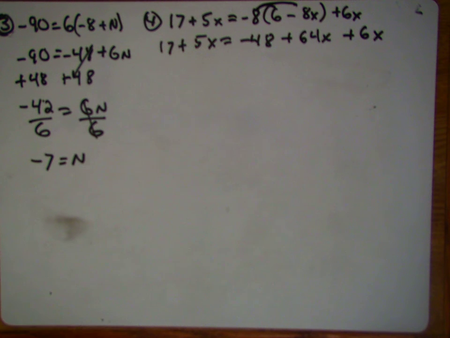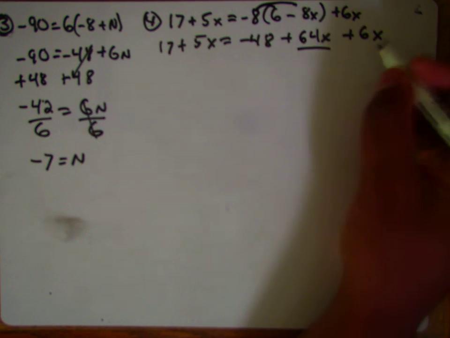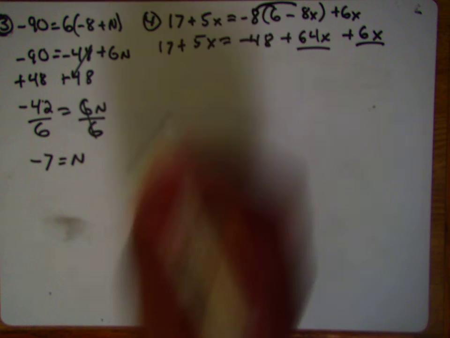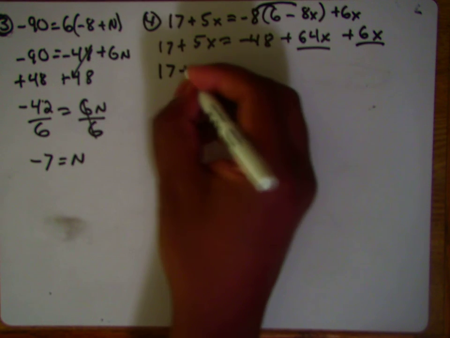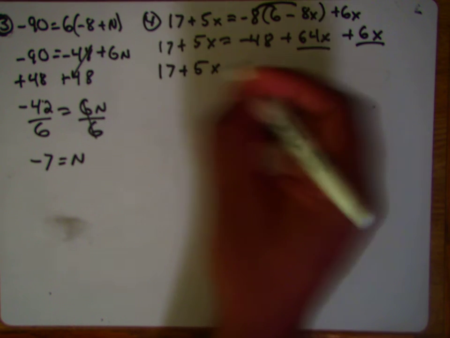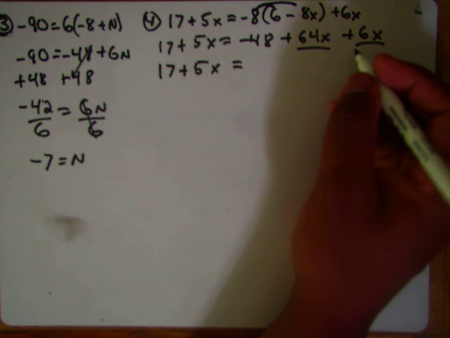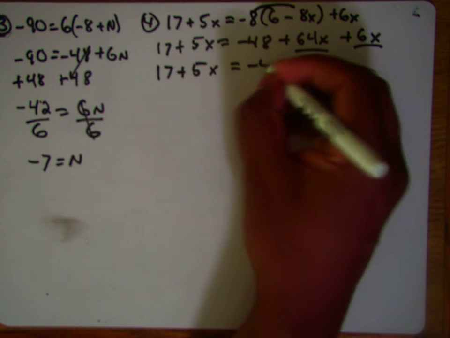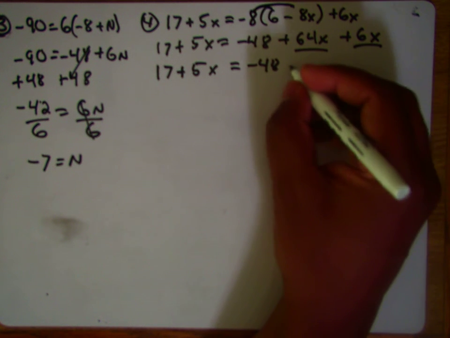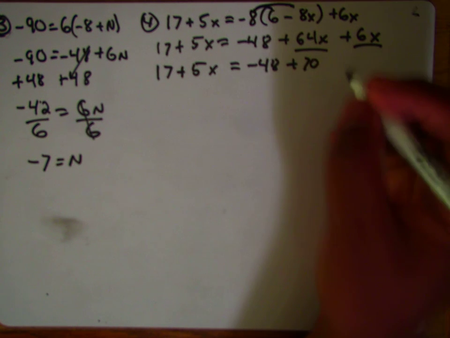Now, first thing I want to do is go ahead and combine our like terms here and here. That's going to get us 17 plus 5x is equal to 64 and 6, which is going to be 70x.